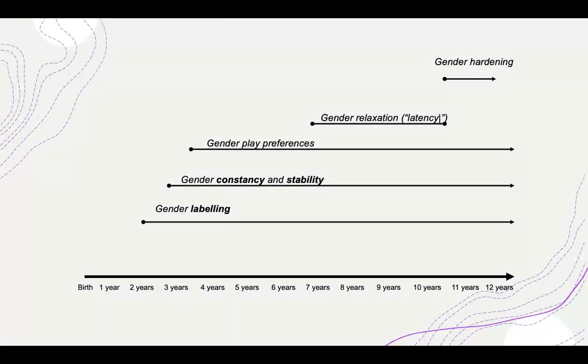That's where we see what some theorists refer to as gender hardening, where boys become much more conscious that they are boys, and they're not 9 or 10 years old anymore. They don't want to hang around with girls. Girls seem to develop a stronger consciousness that they are girls, and some of that earlier mixing of the latency period fades away. Obviously, there's tons and tons of individual variation, and this is not something that naturally or inevitably happens. All these processes are strongly influenced by culture and by social norms.